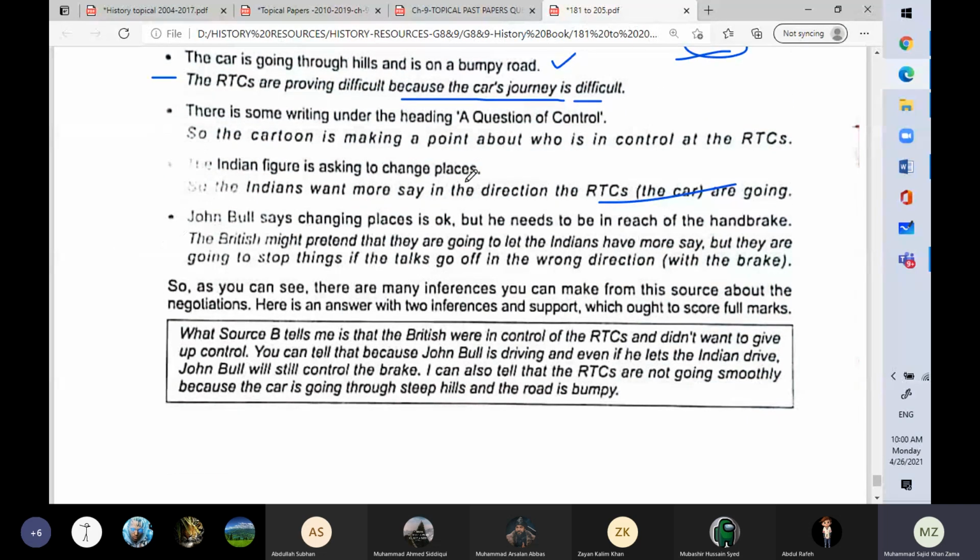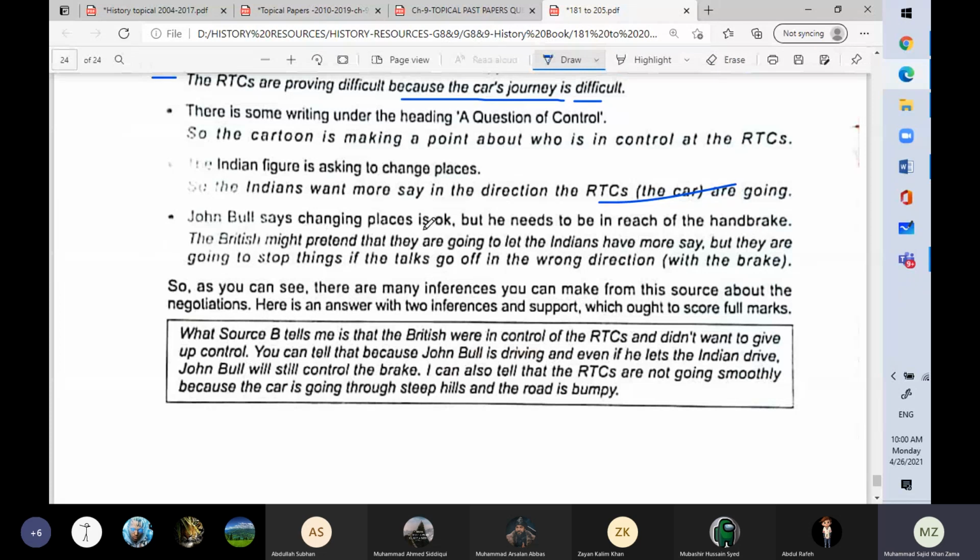Changing places. John Bull says changing places is okay, but he needs to be within reach of the brakes. The British might pretend that they are going to let the Indians have more say, but they are going to stop things if the talks go in the wrong direction, with the brakes.